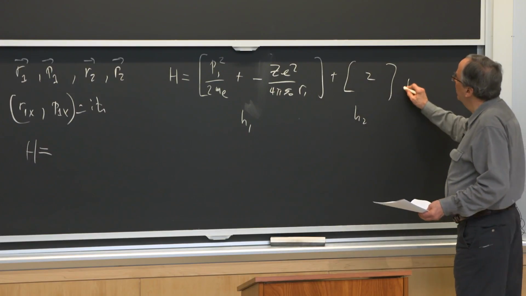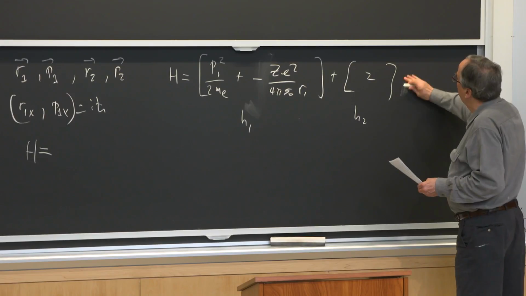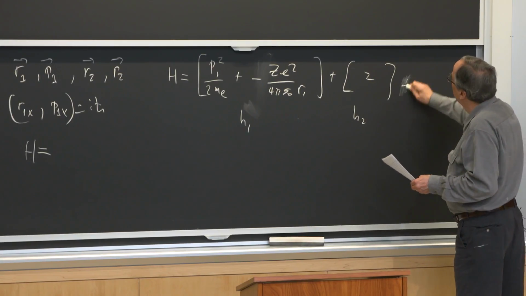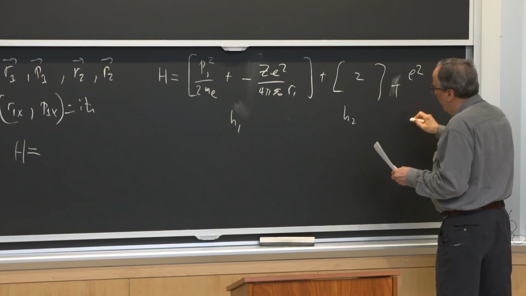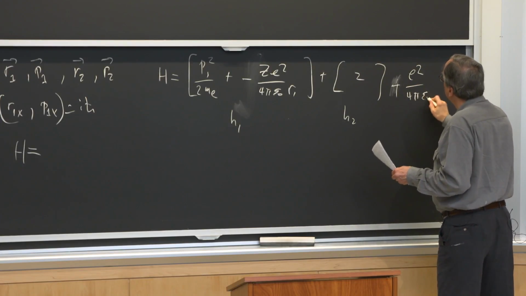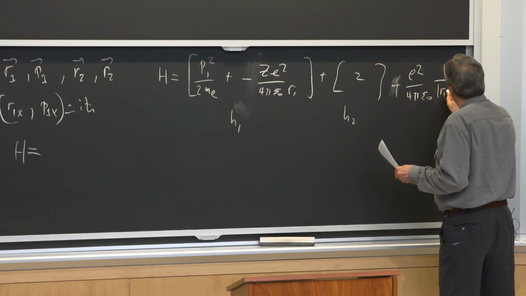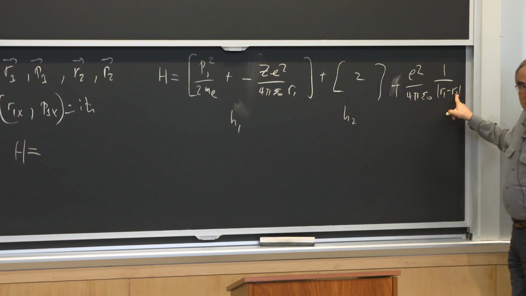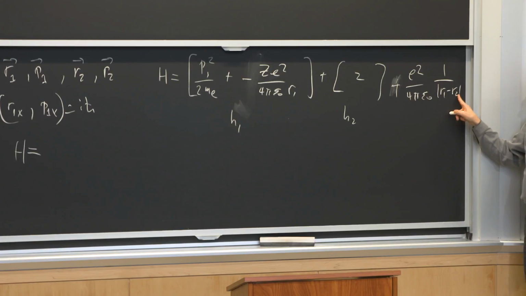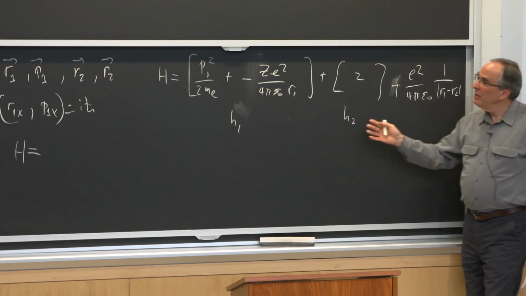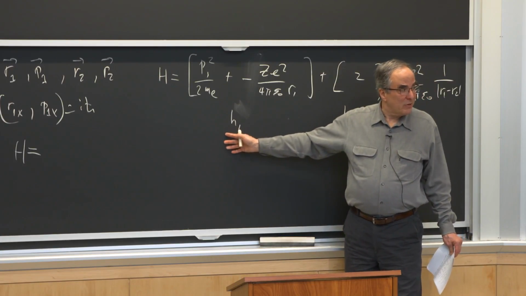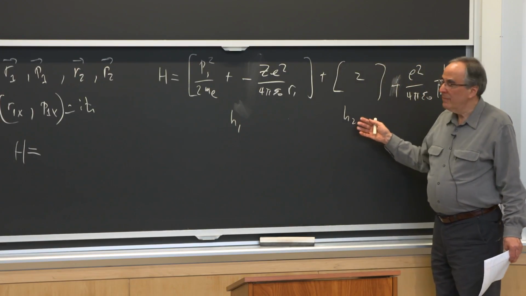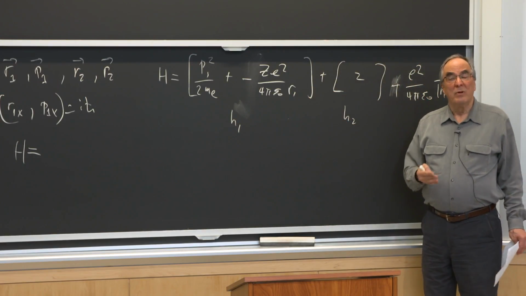And so then we have this one other term, plus e squared over 4 pi epsilon 0 times the magnitude of r1 minus r2 vectors. That's the bad news. This says we have a Hamiltonian where we can't use the eigenvalues and eigenfunctions of the hydrogenic things unless we do something.